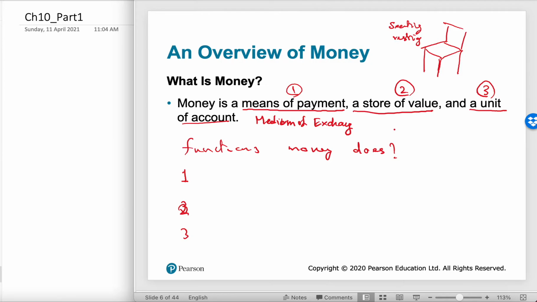If you hold it, instead of spending it, you can hold it for future use. So it's storing your value, and it's a unit of measurement for every valuation. If we have hundreds of items in the GDP, we noted how it came to help. We were unable to add apple and orange because they are two different things, and we have thousands of items, so we cannot say what the total output is.